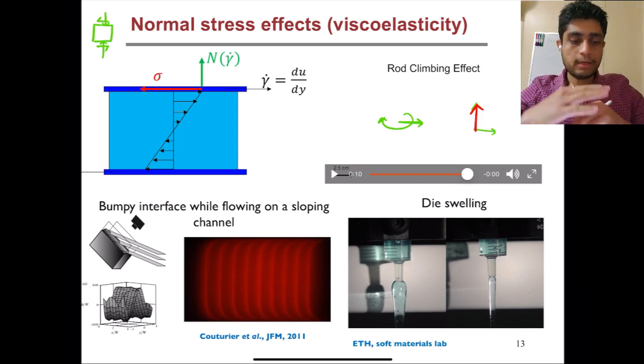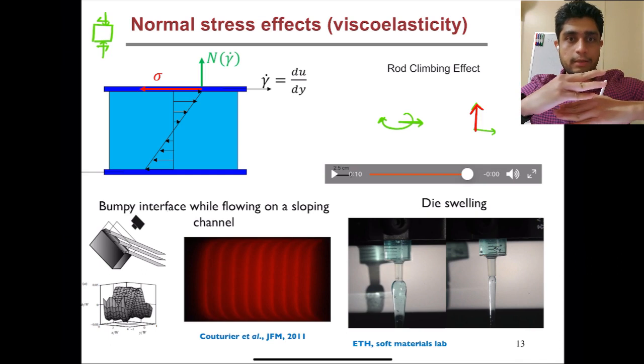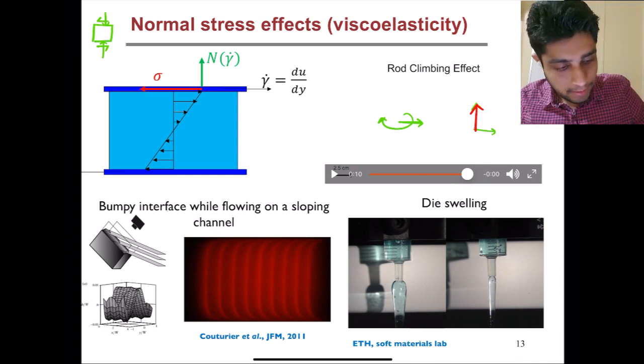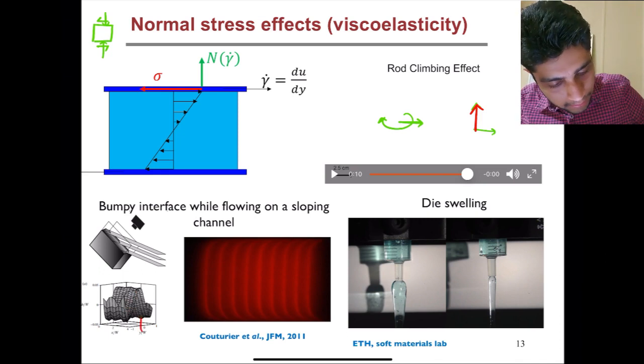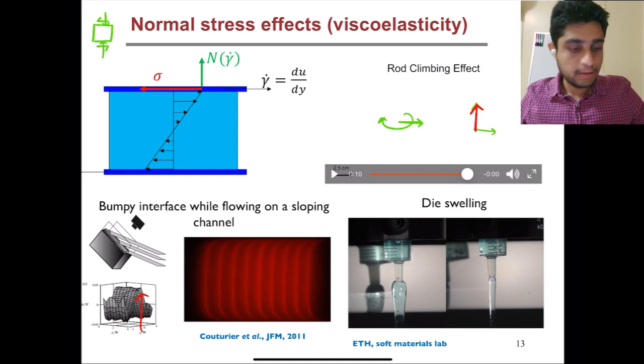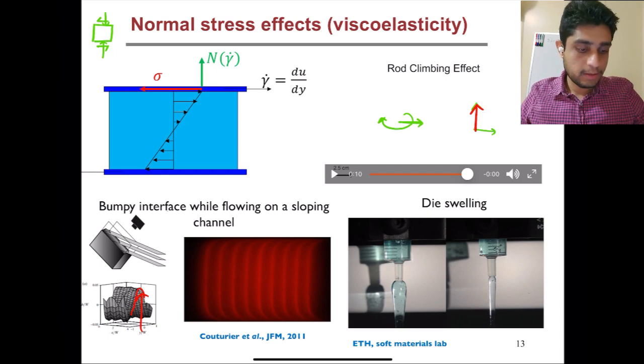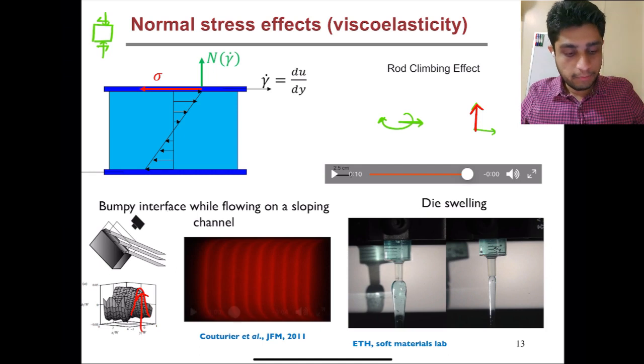So because of that, the interface bulges like this, which is again shown here. The normal stresses result in this bulge on the surface of the fluid.